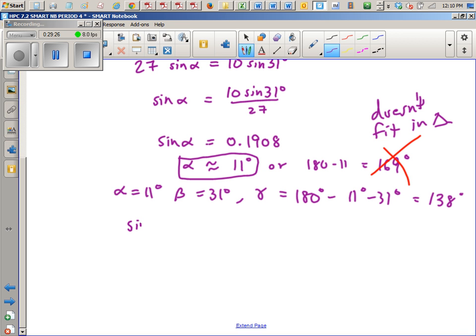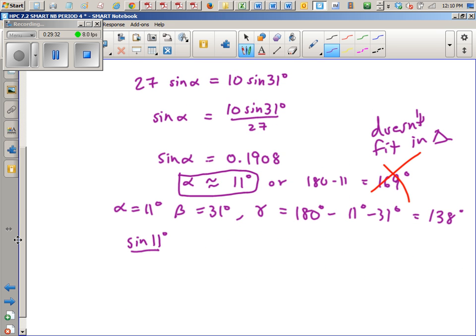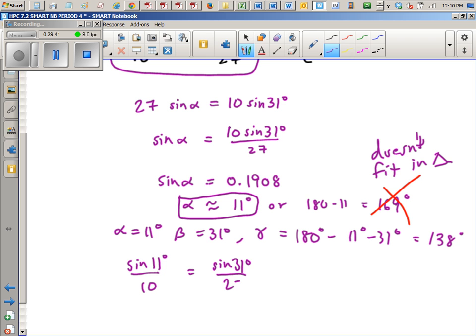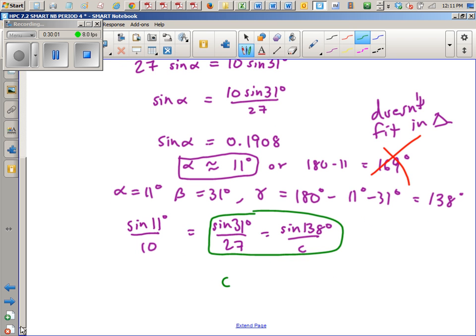Okay, so here's your law of sines now. You now know that this is sine 11 over 10, sine 31 over 27, over sine 138 over c. Now you can go ahead and solve for c. Just pick the second and third fraction or the first and third fraction. I'll pick these two. So c is going to be 27 sine 138 divided by sine 31.